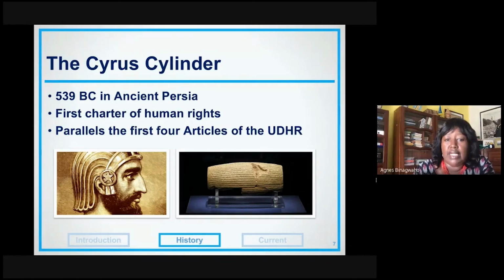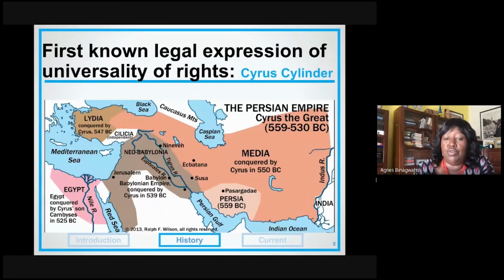The Cyrus Cylinder tells the story of how the first king of ancient Persia, current Iran, called Cyrus the Great, won all the wars, conquered other countries, and created the largest empire the world had yet seen.